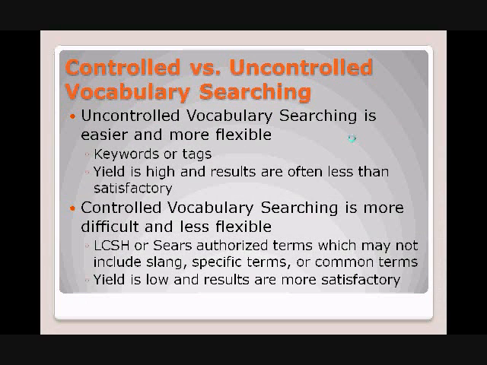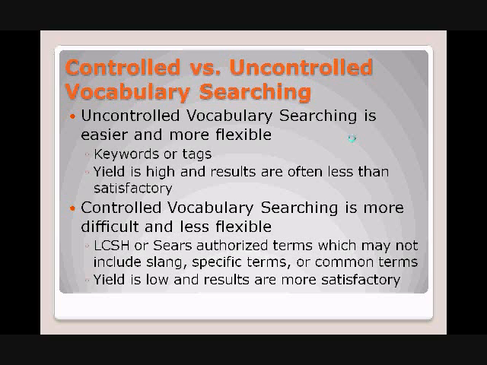Now, there are pros and cons of controlled versus uncontrolled vocabulary searching. Uncontrolled vocabulary searching by keywords, or what are known as tags, is easier for children and adults, and it's more flexible. But the yield is high, and the results that you get from this kind of searching are often less than satisfactory.